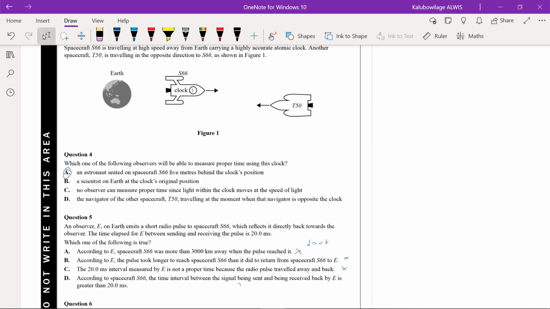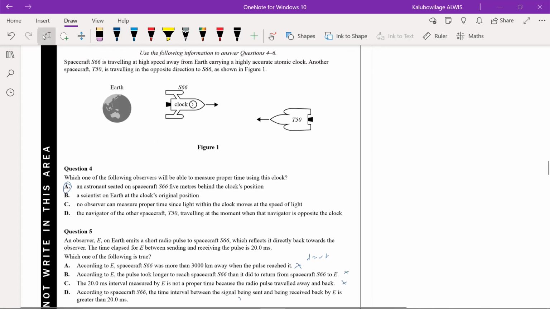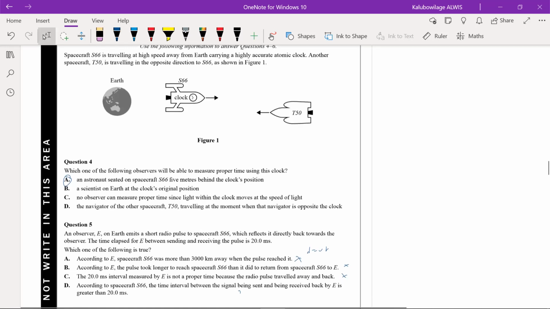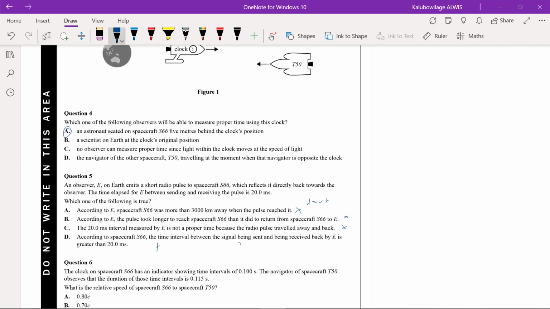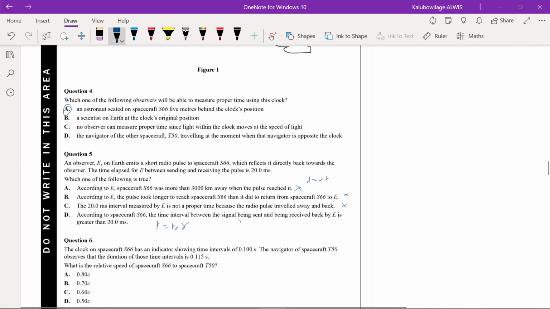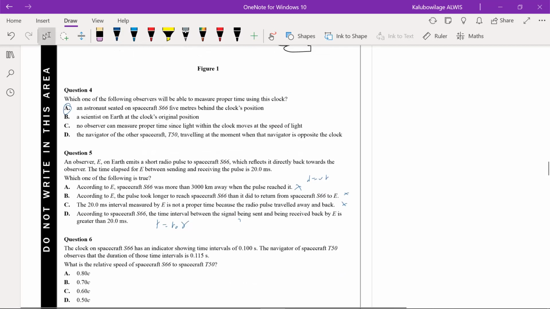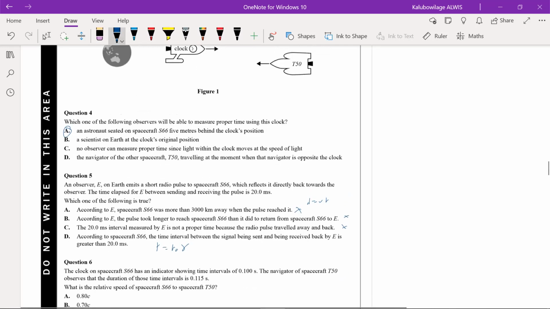So S66 is moving at high speed. The proper time T0 is 20, and this will be a value greater than 1, so the time seen by E would be higher than the proper time.